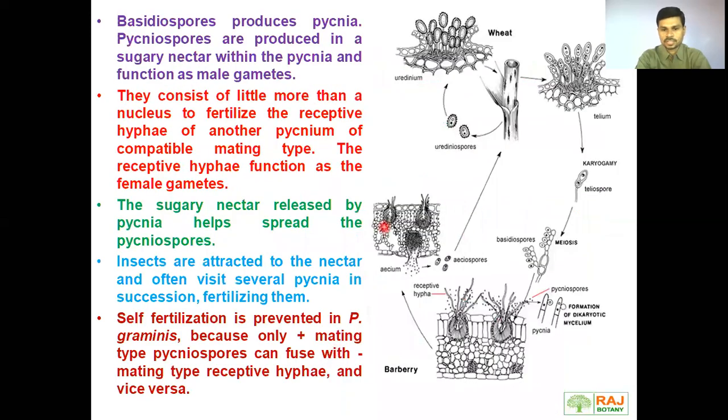This is the previous figure. These are the pycnia on the upper surface, and exactly opposite to these pycnia is the development of the aecia or aecium.